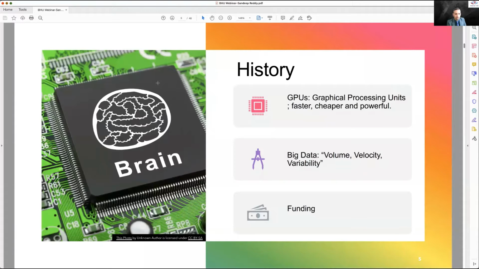That's why we rely on AI or machine learning models nowadays. The third and very important aspect is the availability of funding. Without funding, it's very hard to progress research concepts or industrial concepts. So in that regard, we have also seen in recent years a huge amount of funding poured into AI projects.